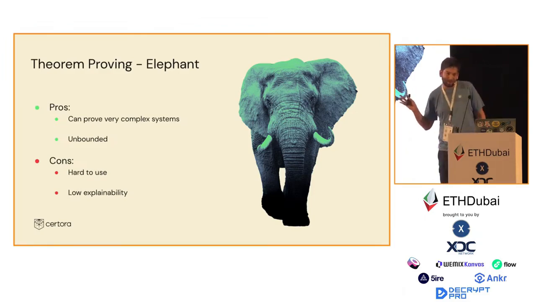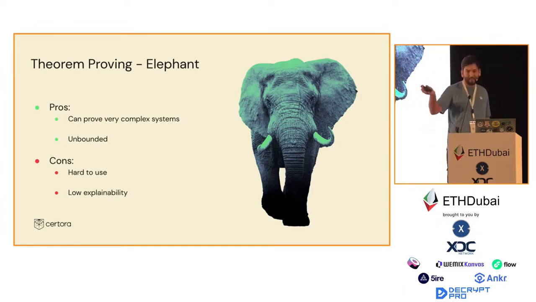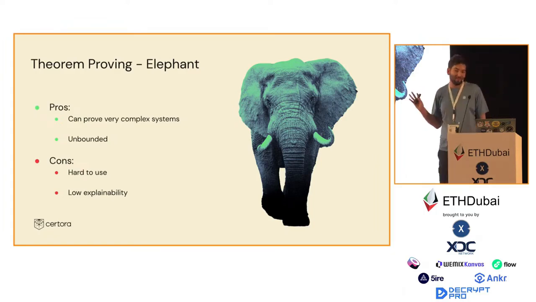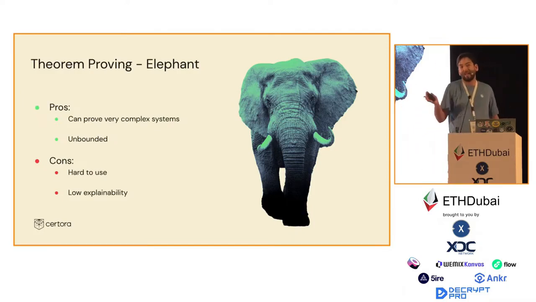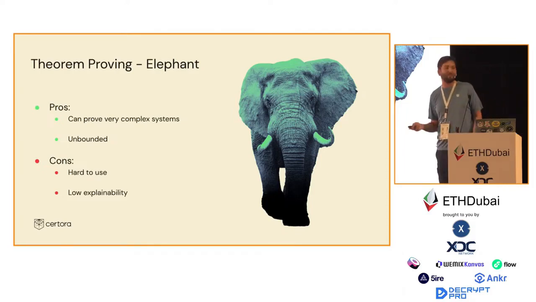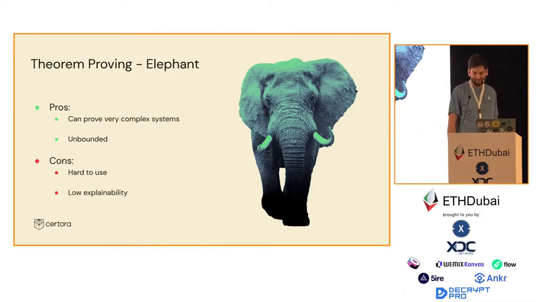However, it takes a while to tame an elephant, and that's somewhat true too for theorem proving. You need some expertise to know which hints to give to the prover, which is not trivial at all. And there is low explainability, meaning again, you don't have that counterexample, so if the proof fails, you need to try and figure out on your own what went wrong and how, and that's not easy.